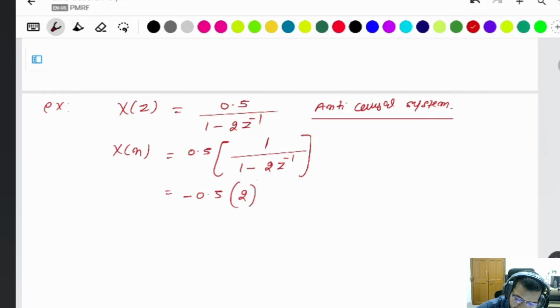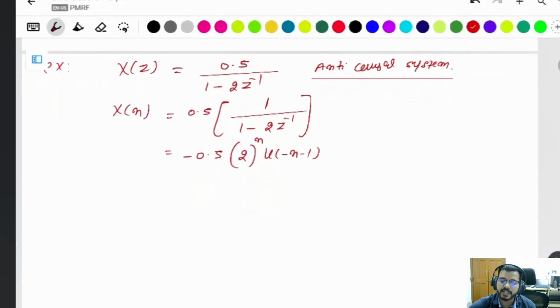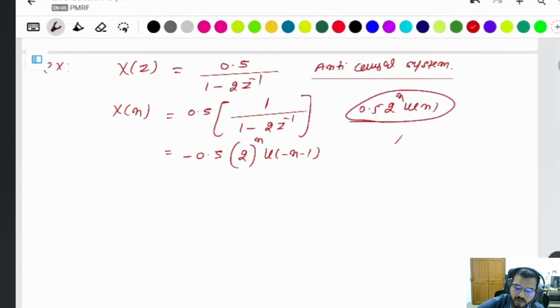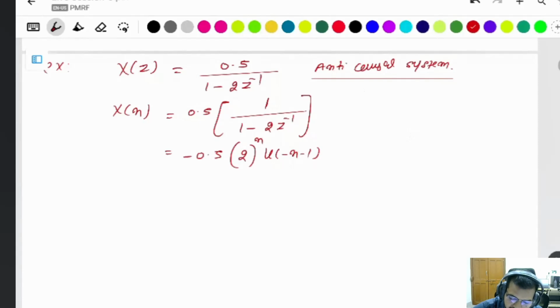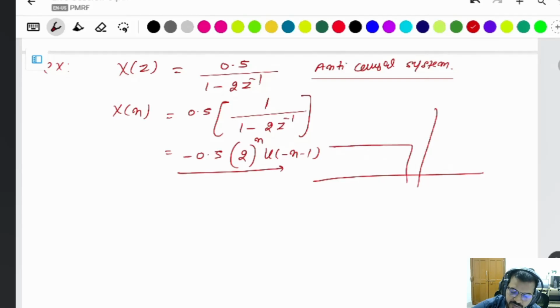For a causal system, this would simply be 0.5 times 2 to the power n u[n]. But the question is given as an anti-causal system, so you have to put it on the left side: minus 0.5 times 2 to the power n u[minus n minus 1]. This whole system behaves like u[minus n minus 1] only.